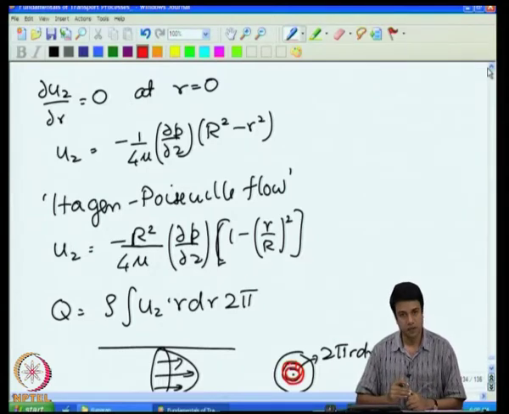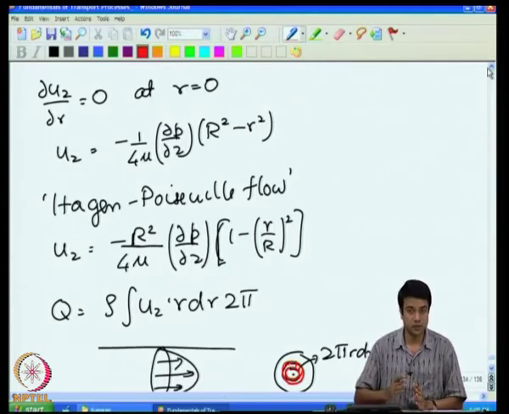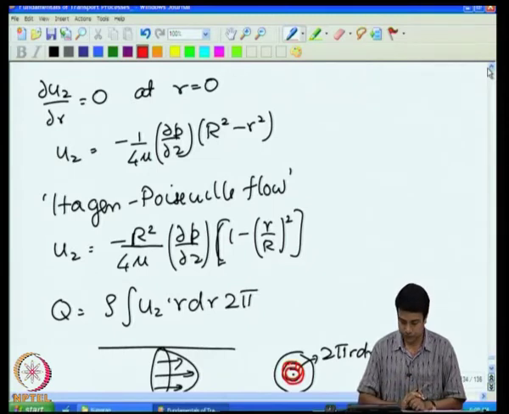The net volumetric flow rate is equal to the velocity times the cross sectional area, the volume transported per unit time, the volumetric flow rate. But of course, the velocity is a function of r, it is varying as the radius changes.